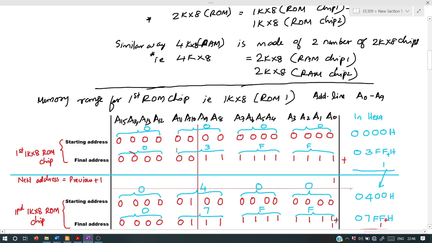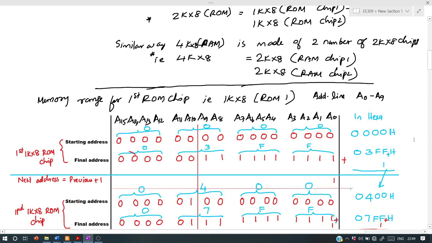If we do it like this for the first 1K into 8 ROM chip, in hexa the first nibble is 0, 0, 0, 0. So in hexa its starting value becomes 0000H, and the final value becomes 03FFH.